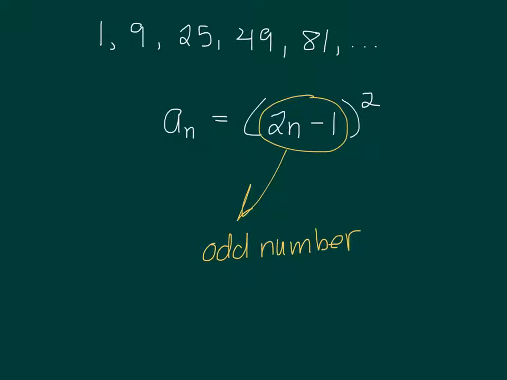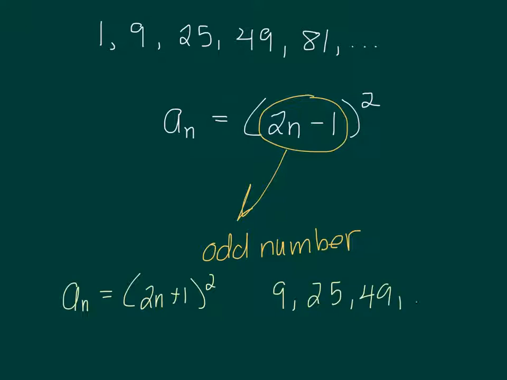So the only thing you have to decide here, for this sequence, does it need to be plus or minus? For this sequence, it has to be minus. And you determine that just by plugging in 1. 2 times 1 is 2, minus 1 is 1, and 1 squared is 1. If you had written down the formula 2n plus 1 squared, that's the sequence 9, 25, 49, and so on.